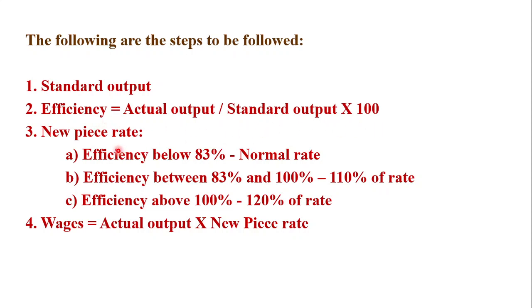Then there are three piece rates. If the level of efficiency is below 83%, the normal piece rate. If the efficiency is between 83 and 100%, 110% of the normal piece rate. And if the efficiency is above 100%, 120% of the normal piece rate. For calculating the wages, the same formula: actual output into new piece rate.